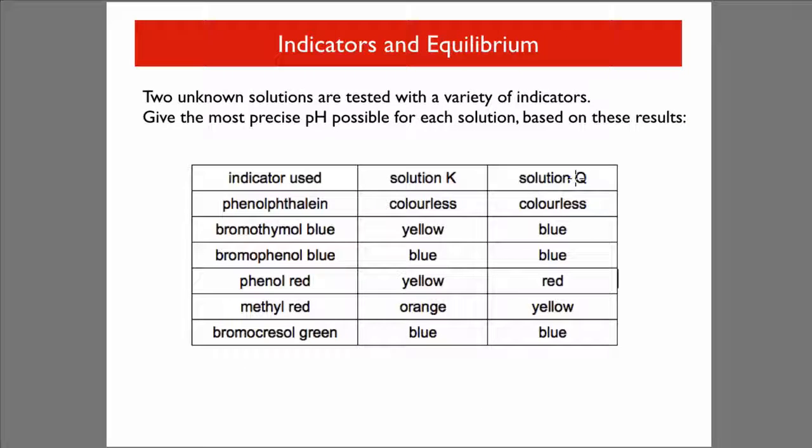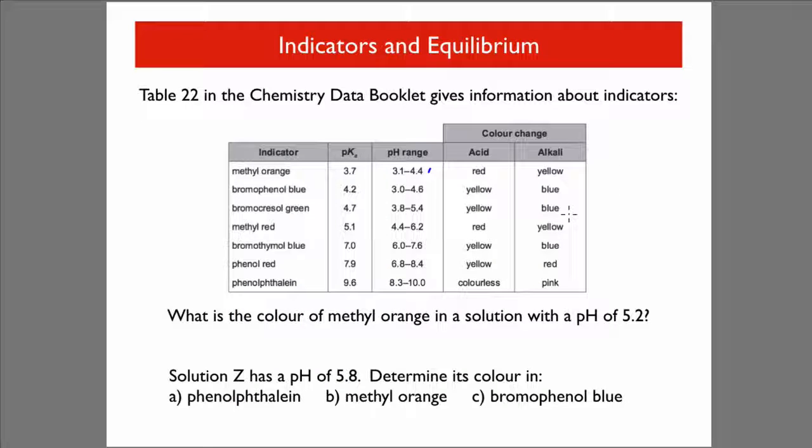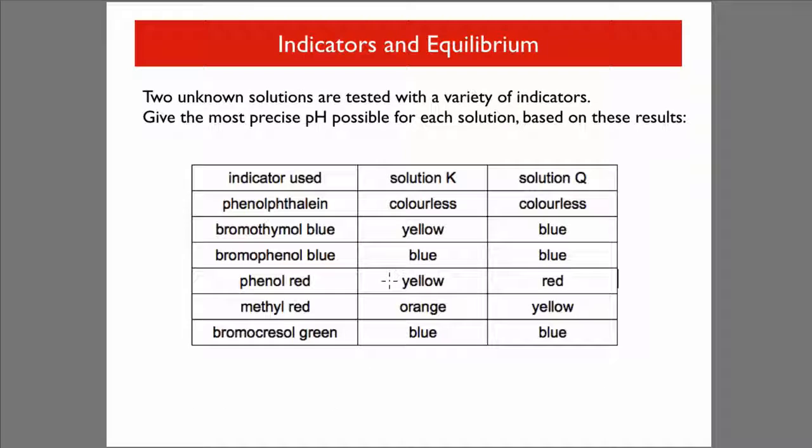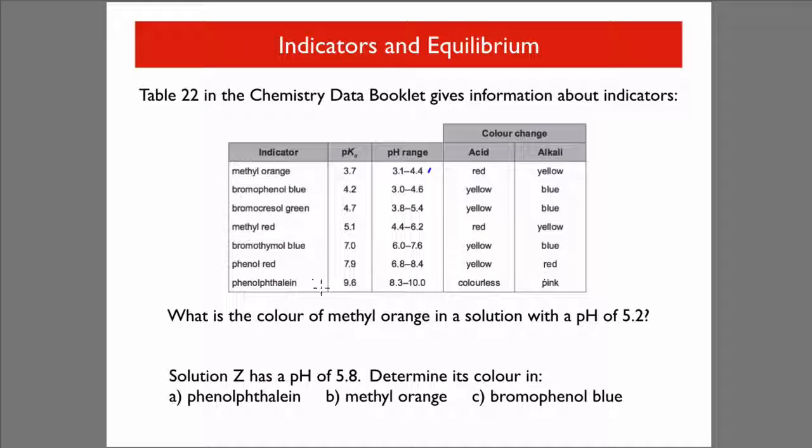For solution Q, phenolphthalein is colourless. So we know it's going to be on the acid side of its pH range, so it's going to be below 8.3. Let's go to the very next one, phenol red, and see if it's below phenol red as well. Phenol red is red, so it's alkali.